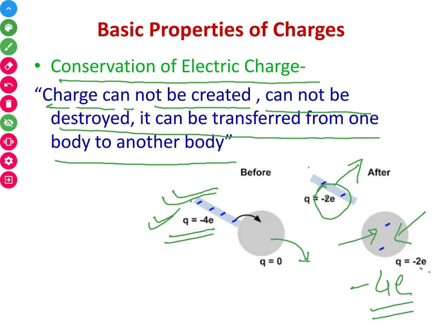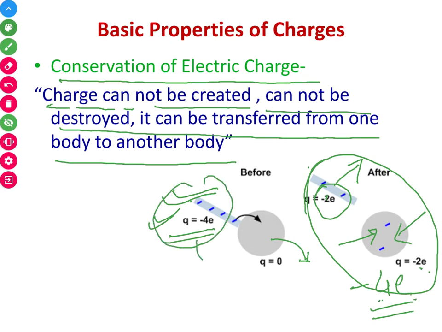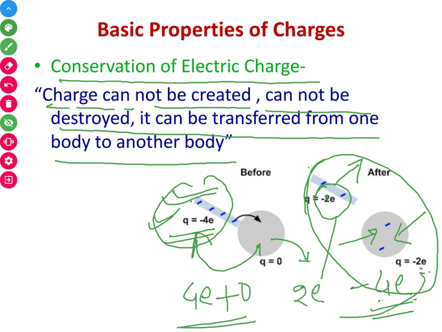If we sum up all these charges, the total electrons is again 4, since the other body initially had zero. Here 2 electrons and here also 2 electrons, so if we add both, it is also 4 electrons.